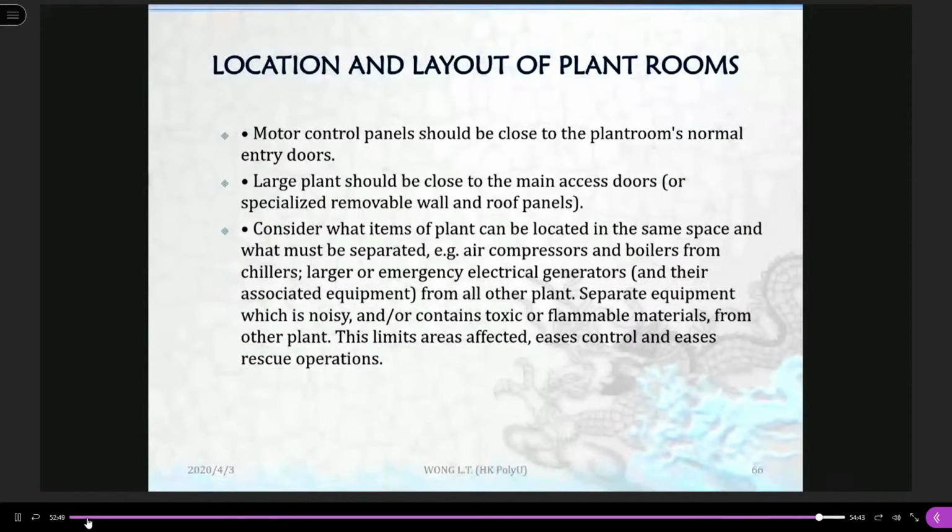Also the noise generation, so the generator is unlikely to be put at a very low level, which affects the occupied area with the noise of the testing and the inspection also. This limits the area affected, and is a rescue operation for the plant's relationship.